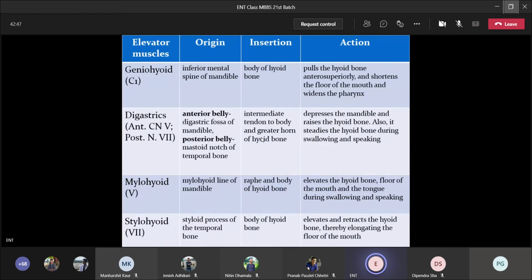And stylohyoid: the origin is the styloid process of the temporal bone, the insertion is the body of the hyoid bone, and it elevates and retracts the hyoid bone, thereby elongating the floor of the mouth. So this is the elevator muscles, origin, insertions, and actions.